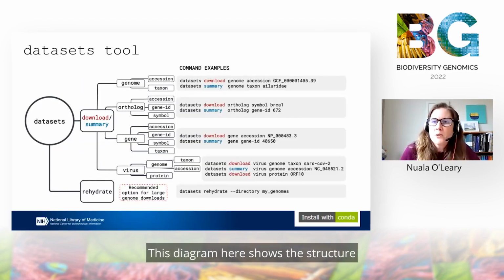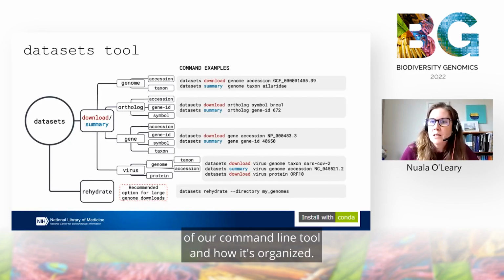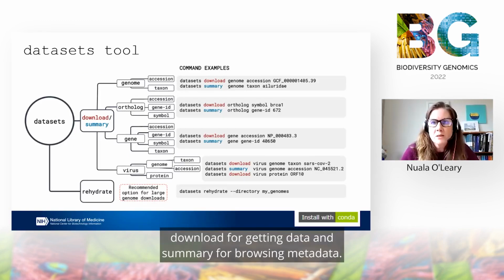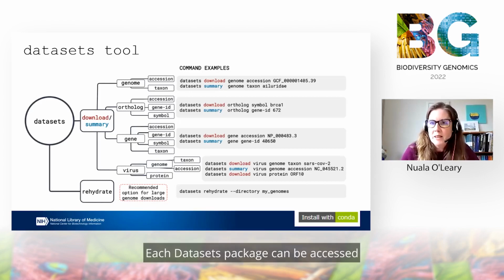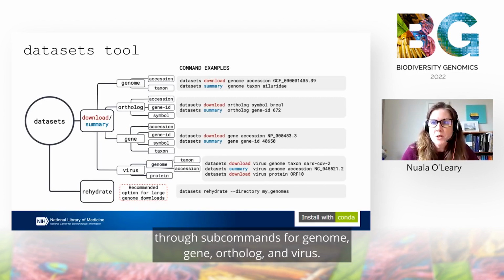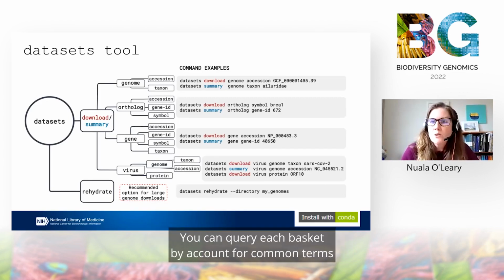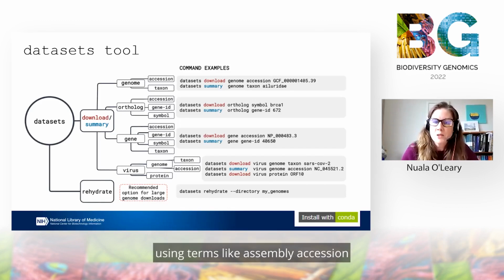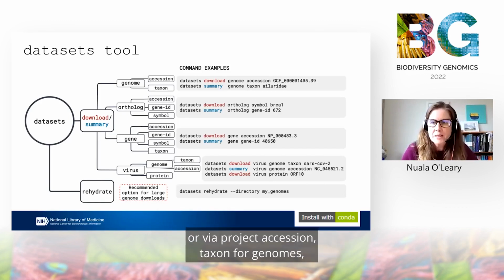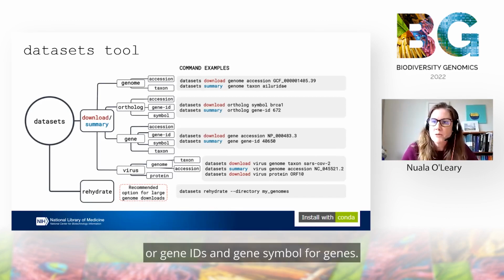This diagram here shows the structure of our command line tool and how it's organized. We have two top-level commands, download for getting data and summary for browsing metadata. Each Datasets package can be accessed through subcommands for genome, gene, ortholog, and virus. You can query each package by common terms like assembly accession or BioProject accession, taxon for genomes, or gene IDs and gene symbol for genes.